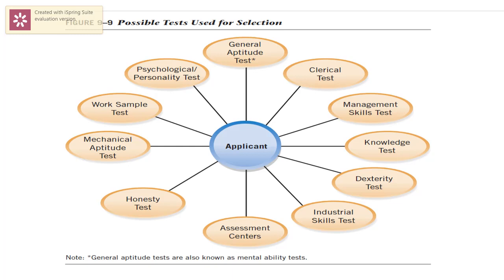Now bear in mind that these are just options available to each and every organization, to the HR people, and they should choose as per their need. It is not necessary that they go for all of them, and it is not necessary that they omit all of them. But what we have to ensure is the validity and reliability of our selection process.